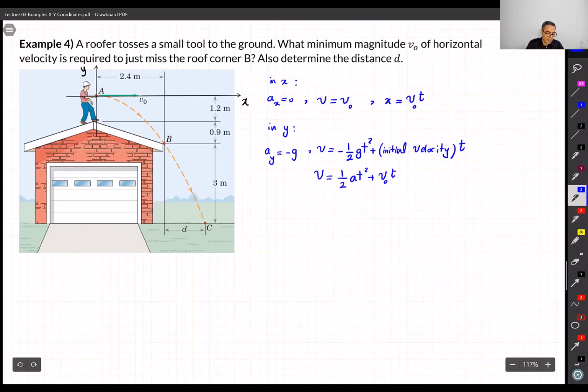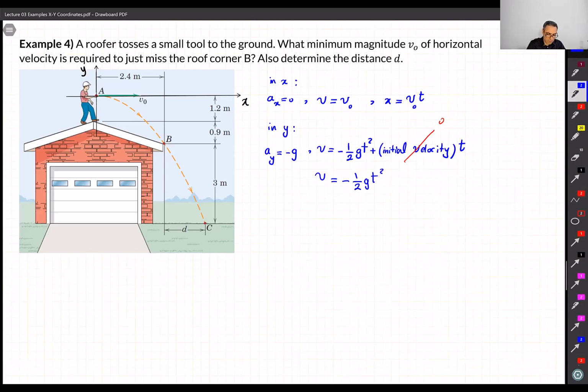But here we don't have any initial speed, so this term is 0. So I ended up with y = minus half of g t squared.